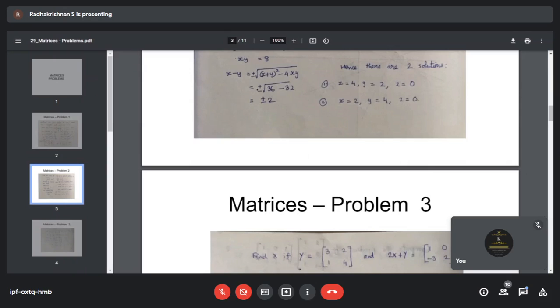Sir, x is equal to -1, -1, -2, -1, sir. Okay, Shweta, I will come to the answer. I also got the same answer, sir. Okay, very good, Amita and Shweta.